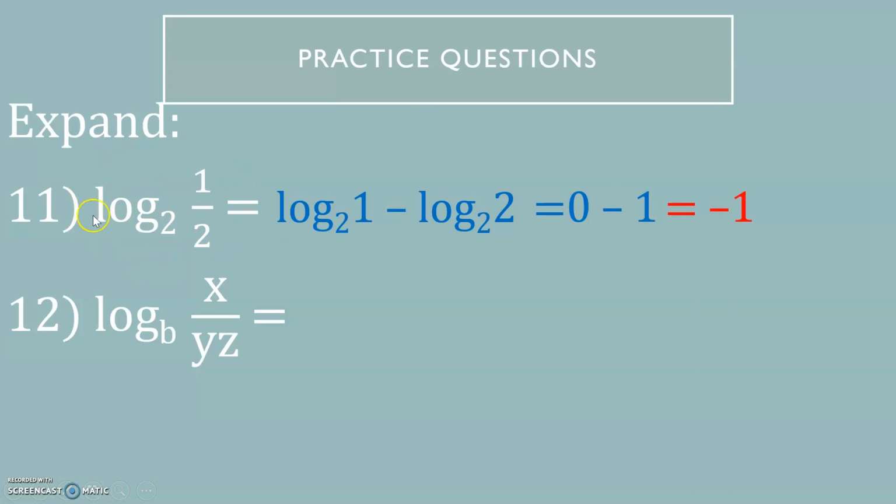Earlier this week, we simplified that by rewriting it as an exponential equation and solving. Here's another way. The properties work as well. Number 12, we're going to start by separating the numerator from denominator. But then when we look at the denominator, there's a product. We have to follow order of operations.